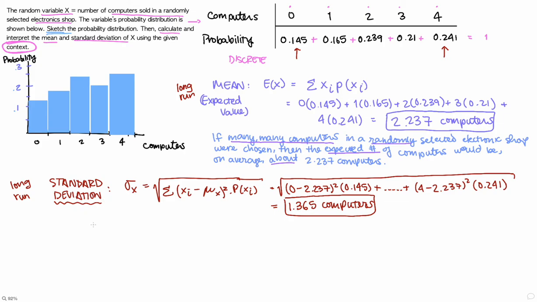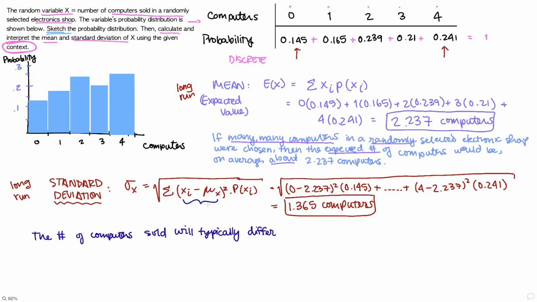All right, so now we want to interpret this. Remember that this is a typical deviation. So we can say here that the number of computers sold will typically, see, I'm using keywords here, like typically differ. And what are we typically differing from? Well, we should just look back at the formula, right? There's nothing to memorize.